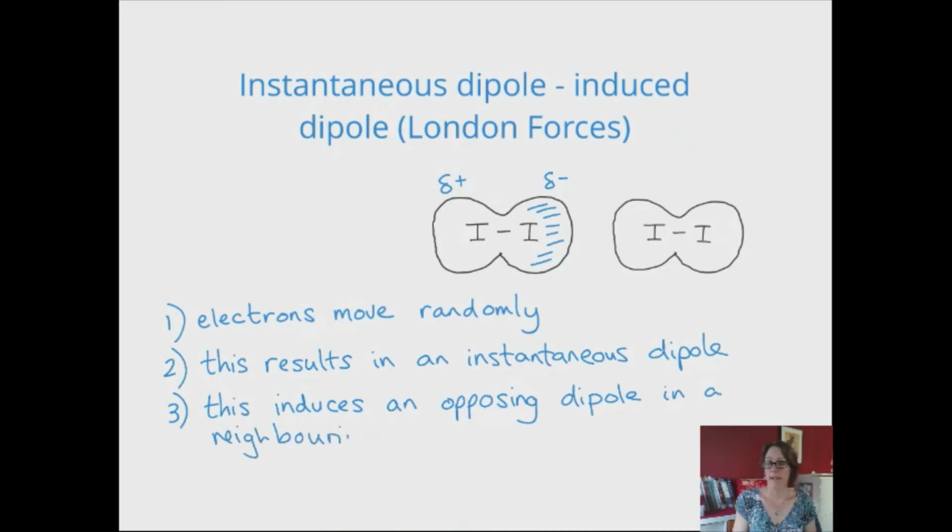And obviously the dipole that it induces is because that negative charge gets near the iodine molecule on the right and will repel the electron cloud, and therefore the dipole that results, the induced dipole, will be an opposite charge where the delta plus is facing the delta minus and they will attract together. And that's how instantaneous dipole induced dipoles work.